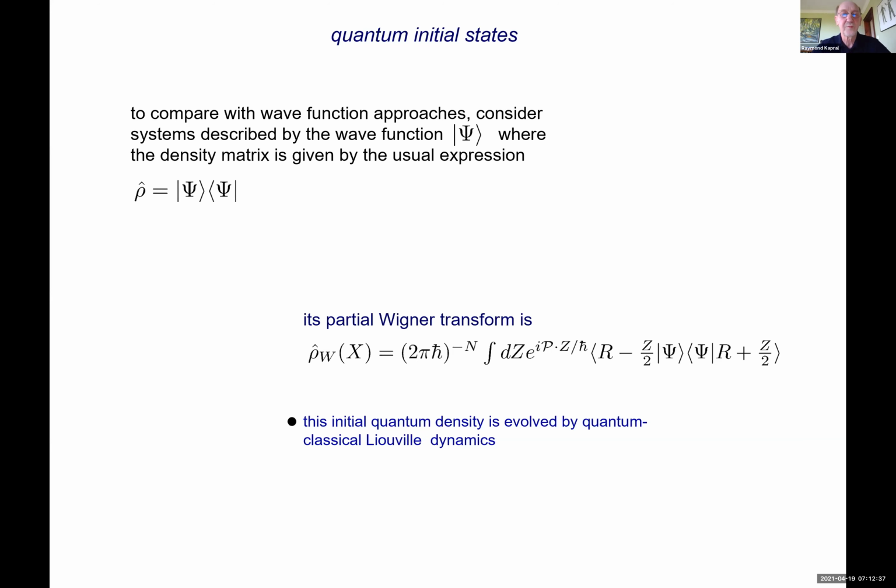One could carry through the argument for the quantum classical Liouville equation with mixed states. That's not a problem, but I want to focus on conditions of this kind. And so the Wigner transform of the initial density then is just the Wigner transform of this initial state based on the quantum wave function. And as I mentioned before, it's such an initial state that I'm going to consider evolving by quantum classical Liouville dynamics.